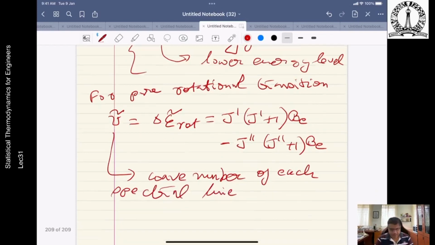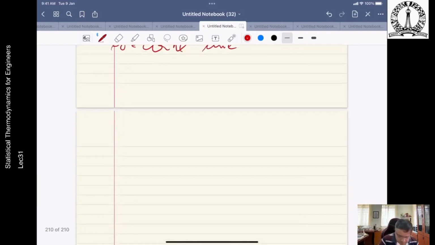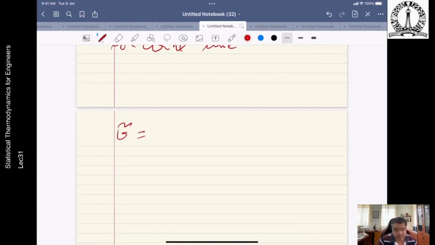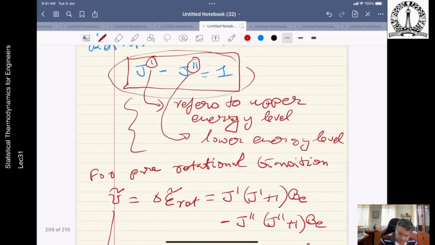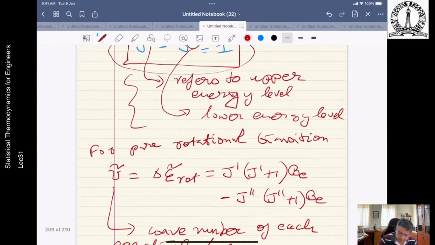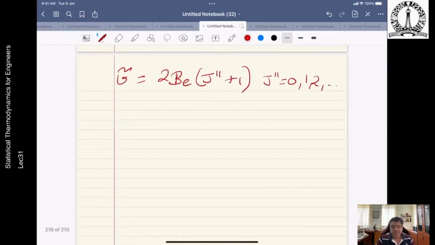Got it? Okay. So this becomes 2BE into J double prime plus 1, where J double prime is equal to 0, 1, 2, etc. What we have done is substituted this expression over here, and that gives rise to this.